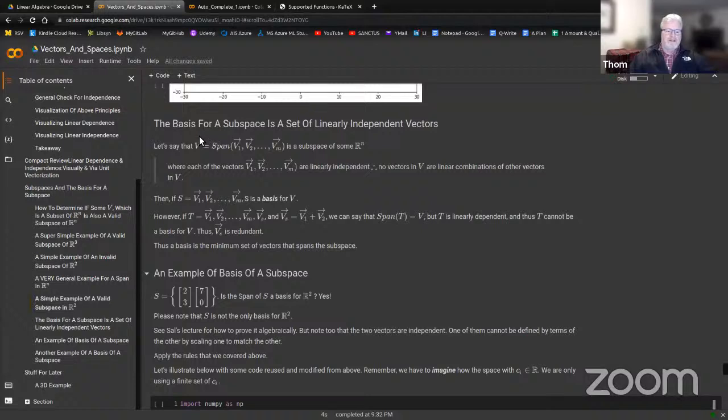So let's look at this mathematically and then visualize it with Python. Let's say that V equals the span of these vectors, V1 through V sub m. And we're saying that's a subspace of R to N. We're already saying we did all the checks above, and it's a valid subspace of n-dimensional real number space.